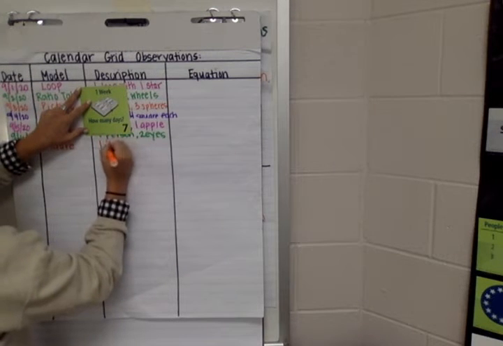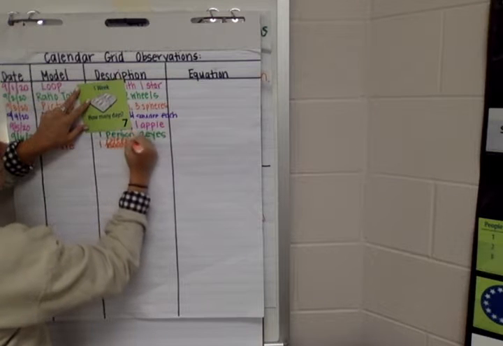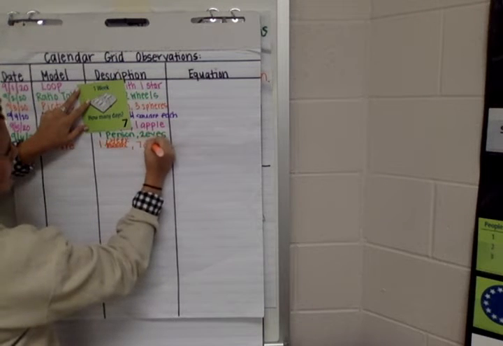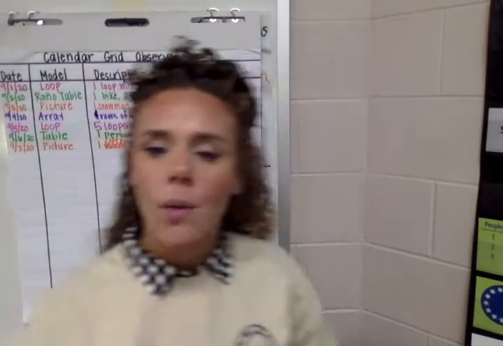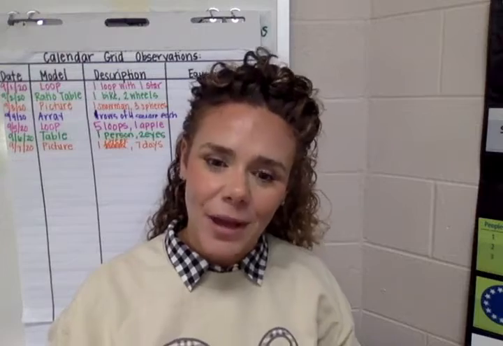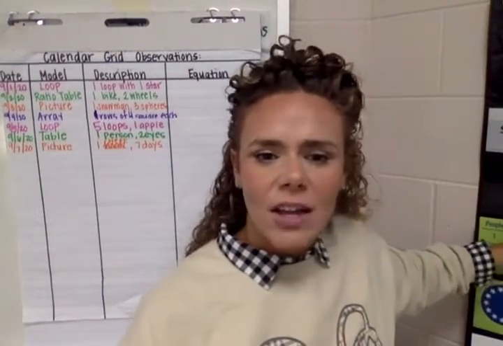Whoops. 1 week, 7 days. And I will keep adding to this. For right now, I won't make you sit here and wait for me as I write all the dates that we missed. But I will update the calendar grid observation chart so for next time, we can take a look and notice the pattern.